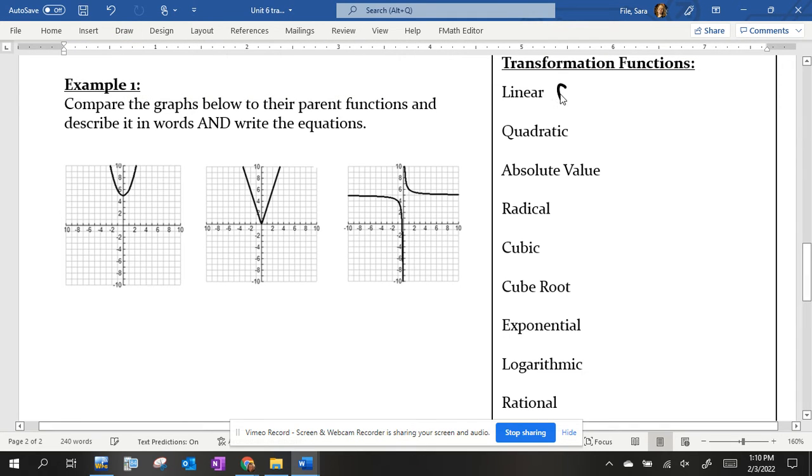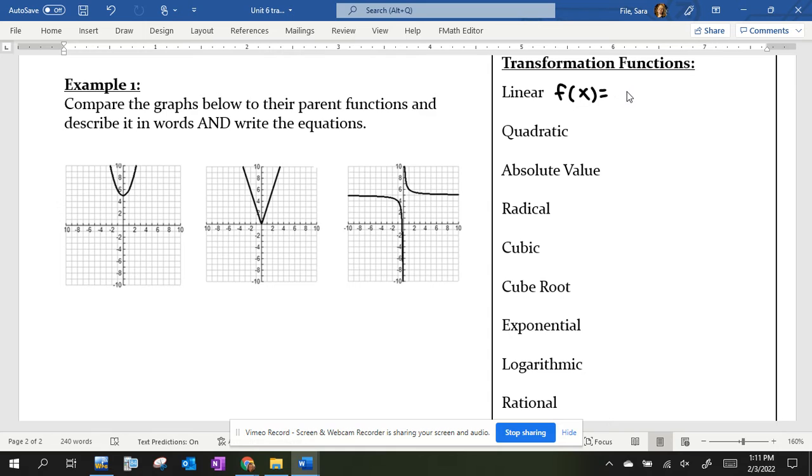Now for linear, you're used to seeing linear functions written as mx plus b, or y-intercept form, which we're going to stick with, but we're not going to use m and b. We're going to look at our a, h, and k. So remember, m was your slope. The parent function slope is 1. So whatever you multiply the function by changes the slope.